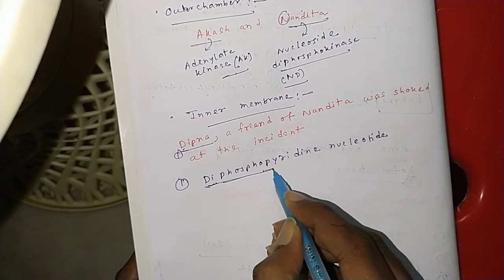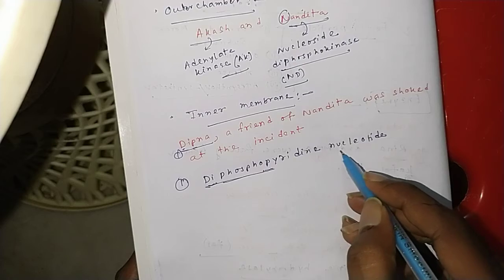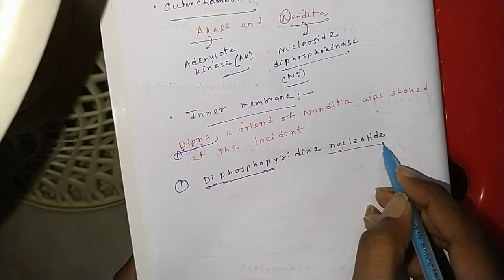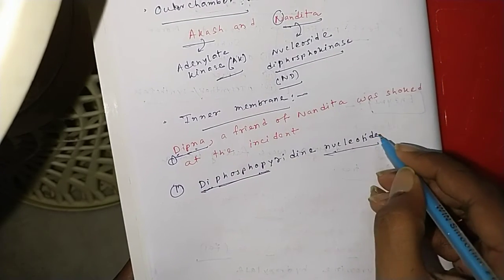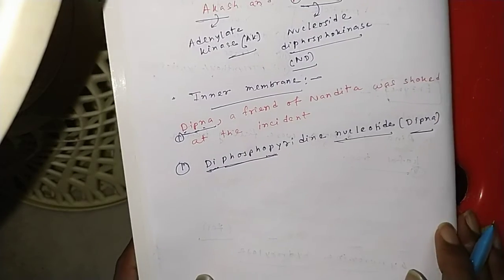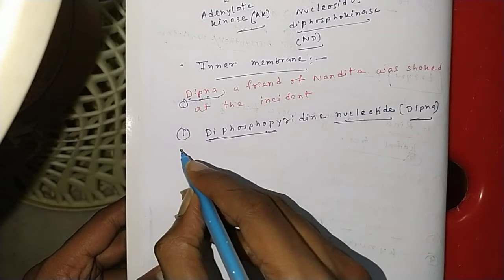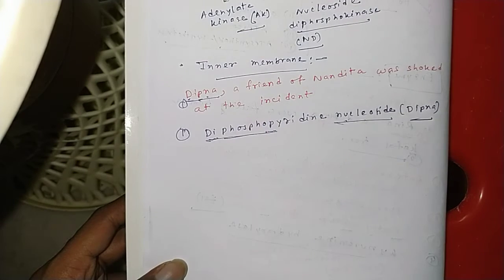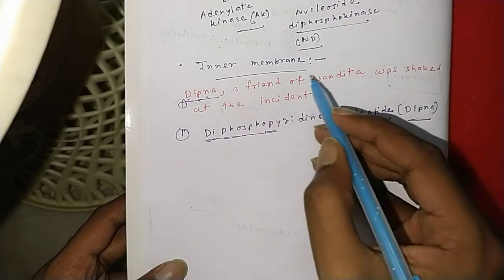So diphospho and P, diphosphopyridine, and then you have N, that is nucleotide. It is very very important. Dipna will help you to memorize these complex enzyme names, because if you don't go through the chapter biomolecules, you cannot understand what these enzymes mean actually.